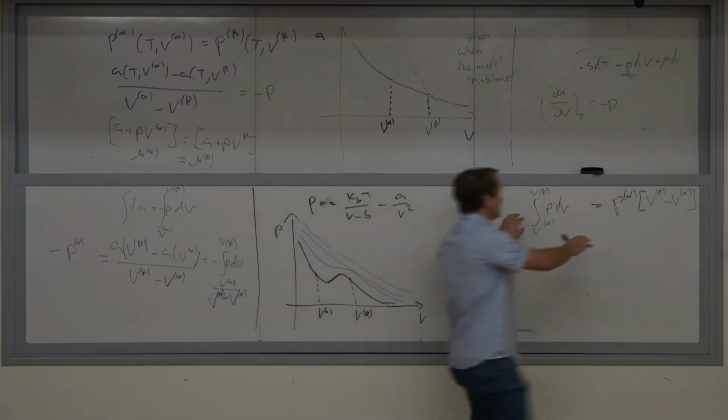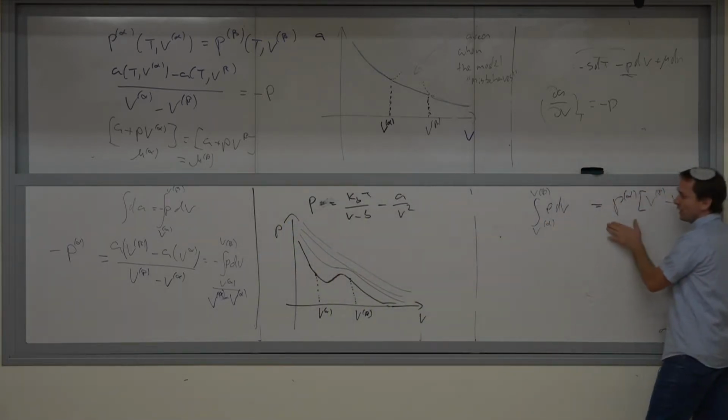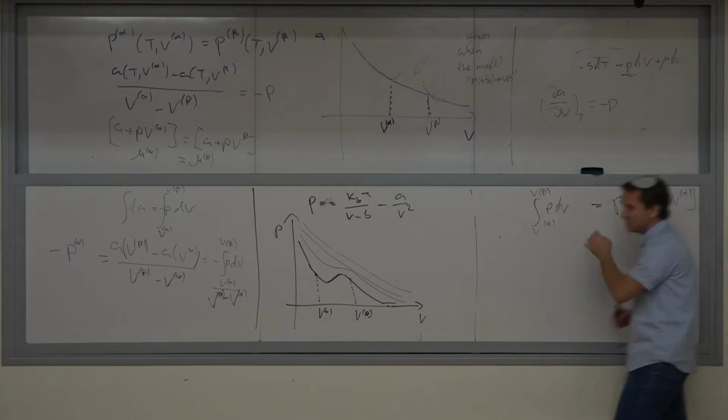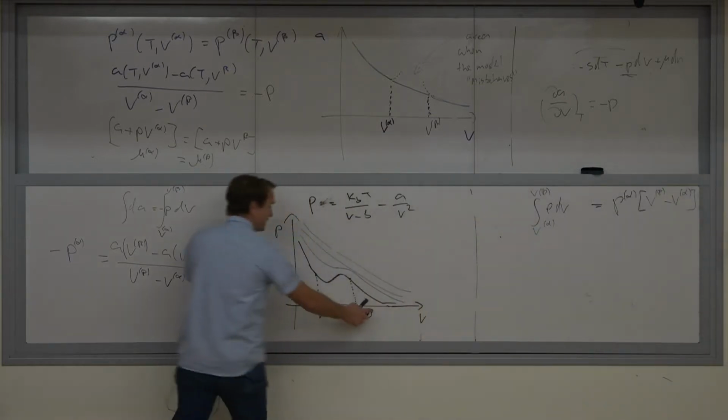And this equation gives us exactly the condition, the Maxwell construction, for this curve P and V.